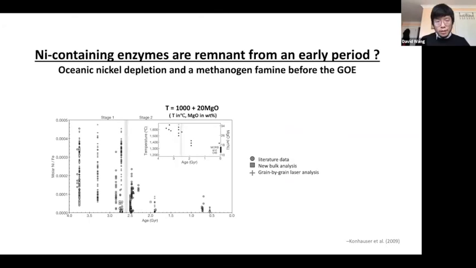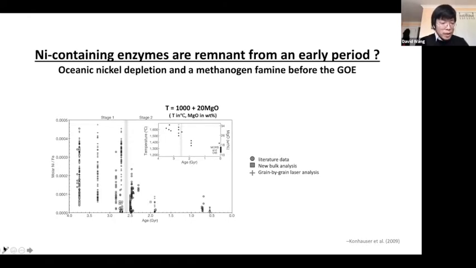Due to this important characteristic of nickel in terms of methanogenesis, Konhauser et al. in 2009 used it as an indicator in banded iron formations. They compiled several data sets for their nickel to iron ratio with different dated ages.